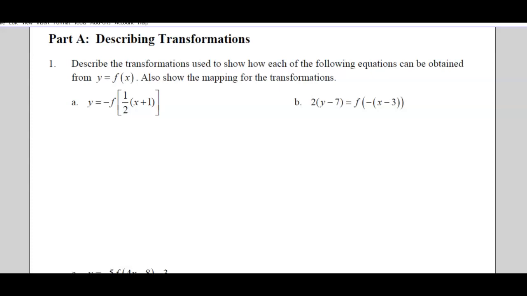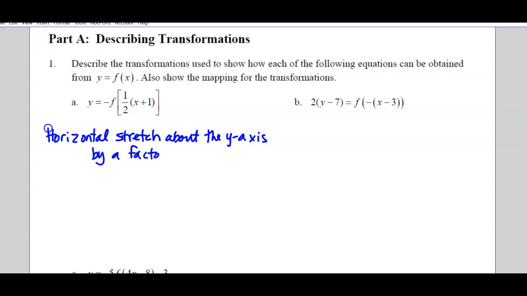That's in brackets, so that's a horizontal stretch about the y-axis by a factor of, so is it going to be 1/2 or 2? 2. Flip it, right? Okay. No vertical stretch. We already determined that.